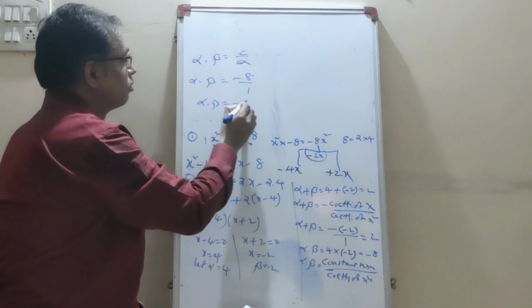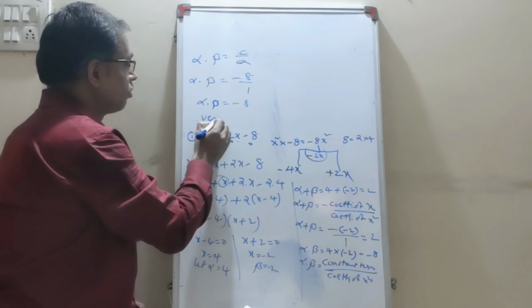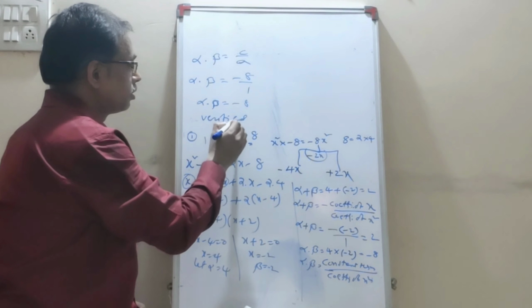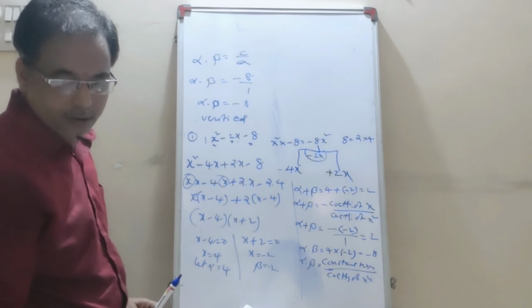So alpha into beta equal to minus 8. So hence these two are verified. You can write it as verified. So like this we will ask these type of questions. Okay.